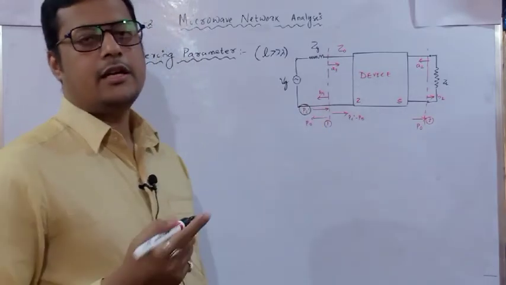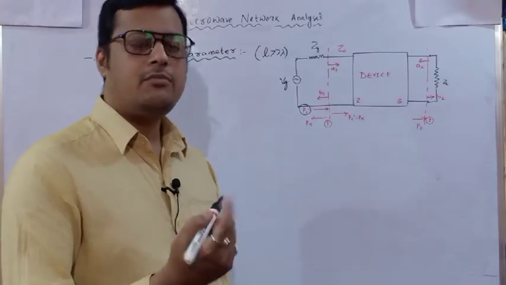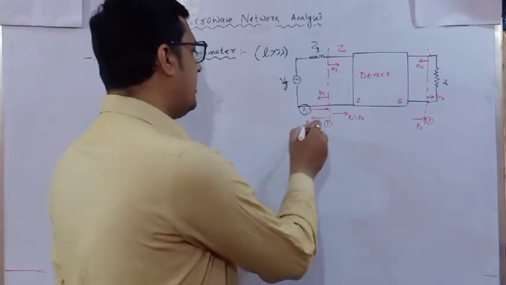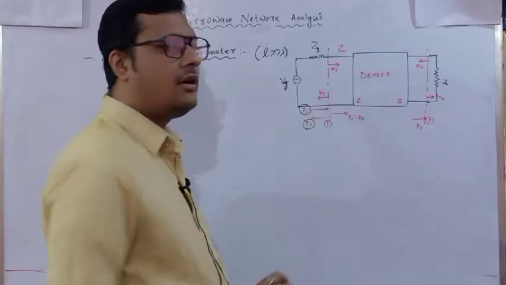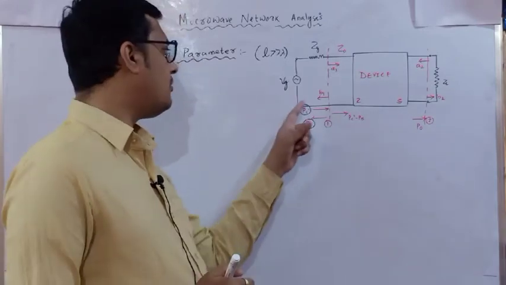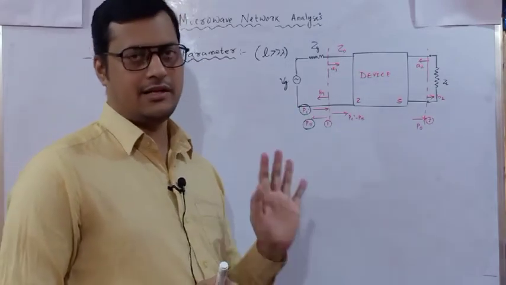Due to the input power, meaning due to the incident potential, we are going to calculate the incident power. Similarly, reflected power is calculated with respect to the reflected potential, that is at port 1 with the help of B1, that we will discuss.